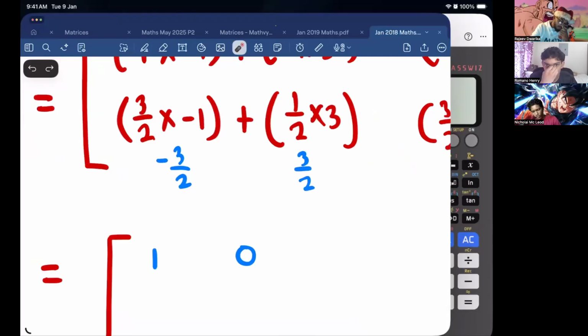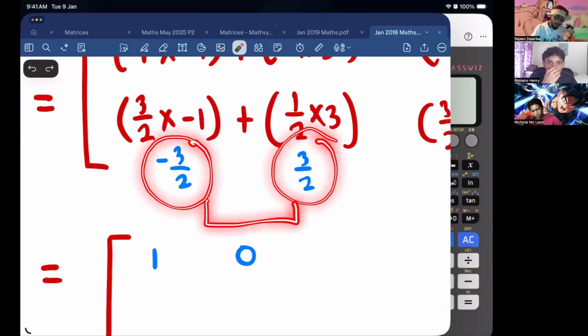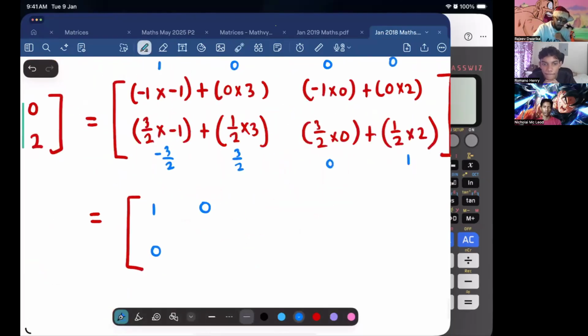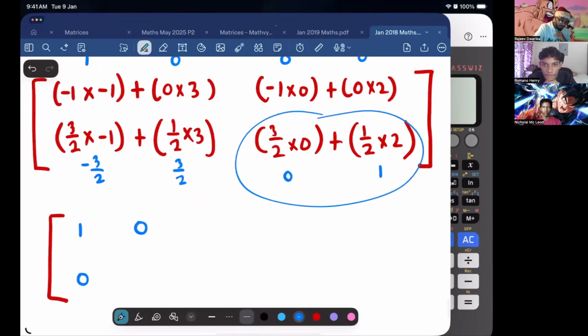So if I have 3 over 2, and the opposite is minus 3 over 2, if I combine these, it will be neutral. What is the number that represents neutrality? 0. And what is 0 plus 1? 1, right? 0 plus 1 is 1.